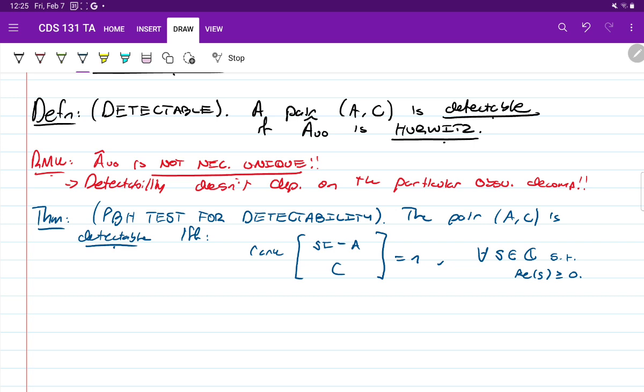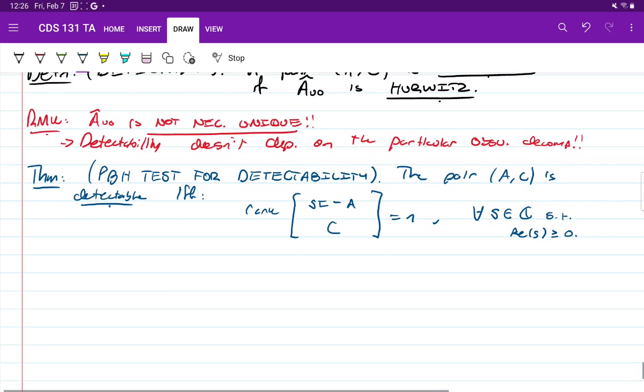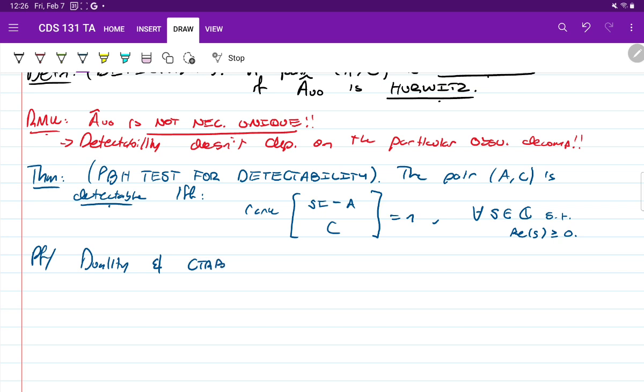This scans over all possible unstable eigenvalues of A, and if we get a rank drop at that point, then we lose observability at that point. The proof follows from duality and the controllability theorem.